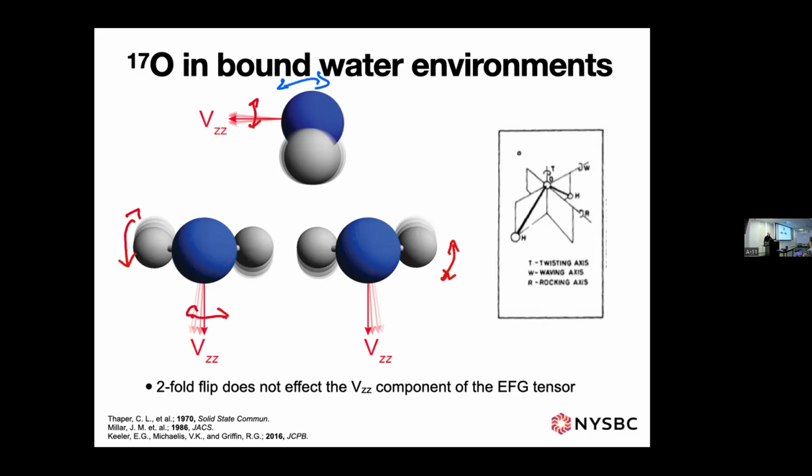If that's happening fast on the time scale of our measurements, what we will see is an averaged tensor, so an effectively shorter version of this VZZ. Obviously, this is a tiny, tiny change. I'm showing massive changes, but we have an effective tensor that's shorter, and so a CQ that's smaller.